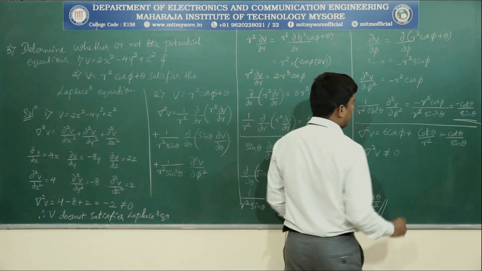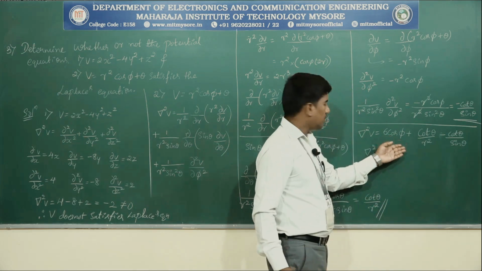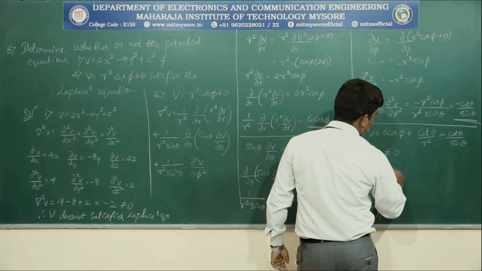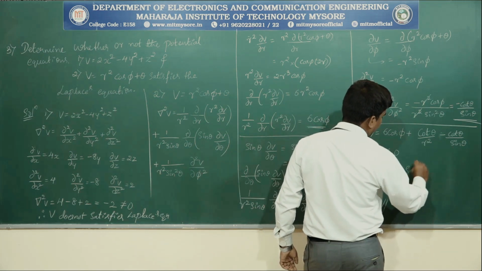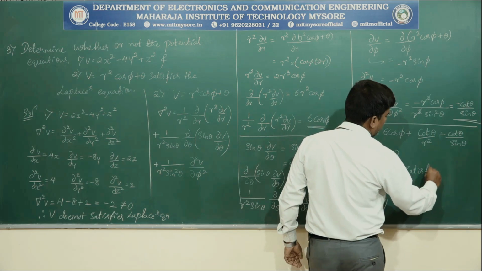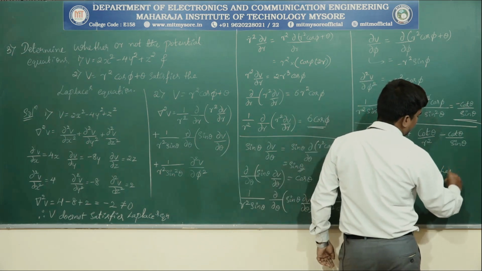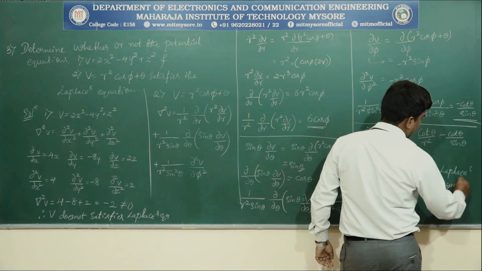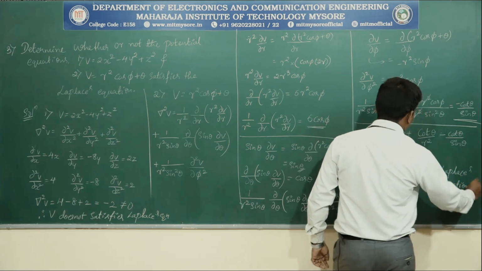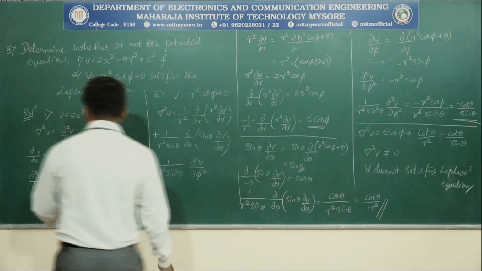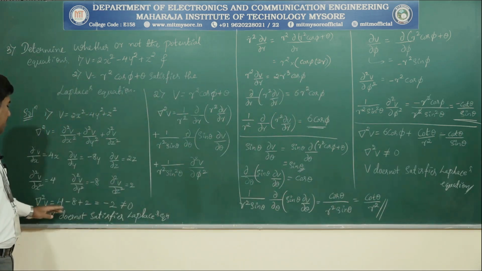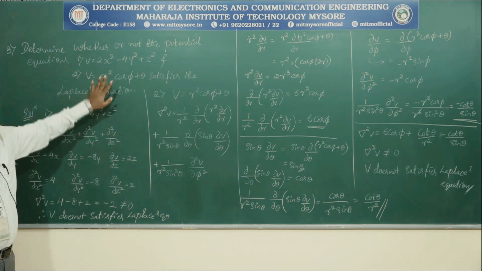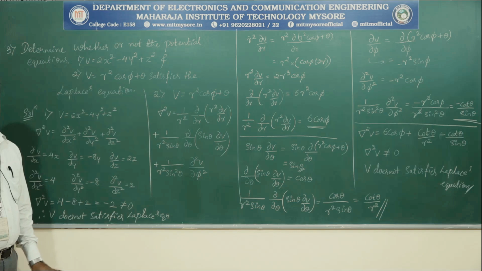By looking at the equation, this is not equivalent to 0, hence V does not satisfy the Laplace equation. In both the cases, ∇²V is not equivalent to 0. Hence, both the potentials do not satisfy the Laplace equation.